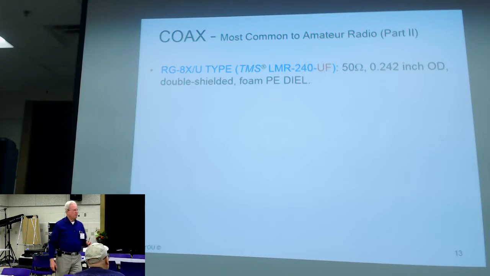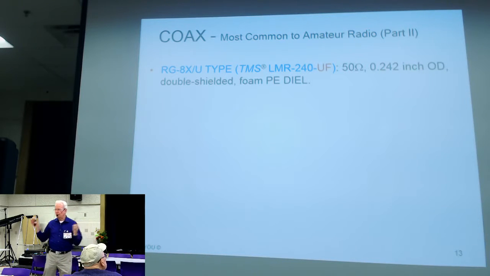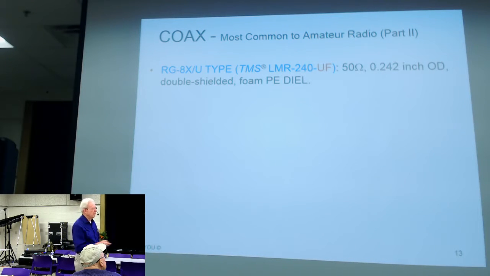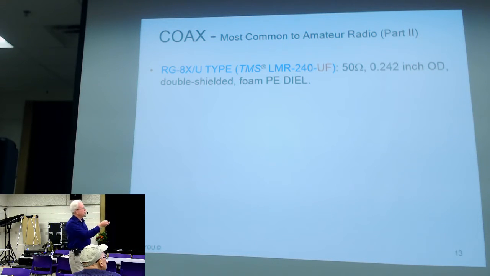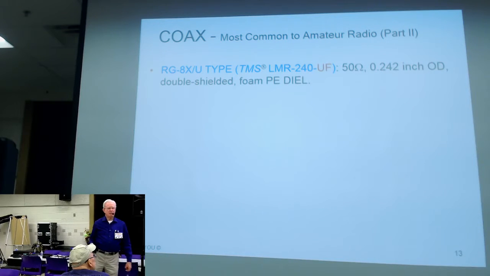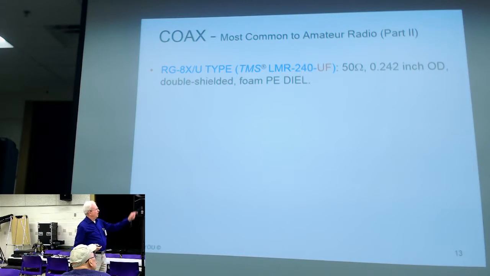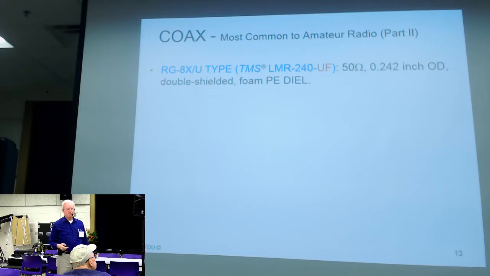So if you're going to use RG8X, which they never had when I was a kid, I want you to go buy TMS. Who's that? That's Times Microwave. LMR. What's LMR? Land Mobile Radio. 240. Guess what the 240 is, guys? It's the outside diameter. And, of course, UF.